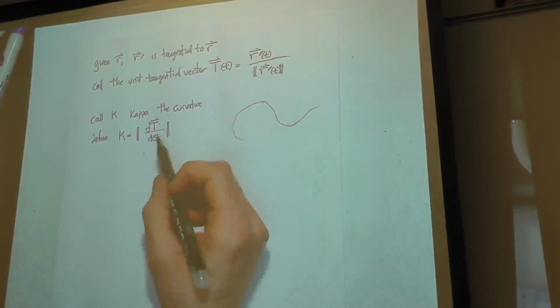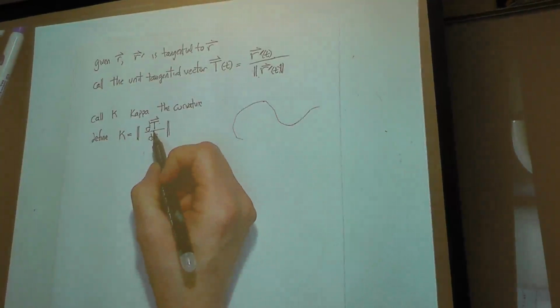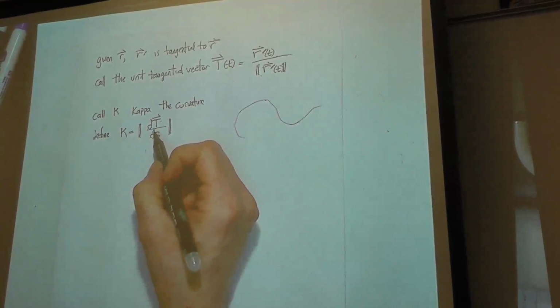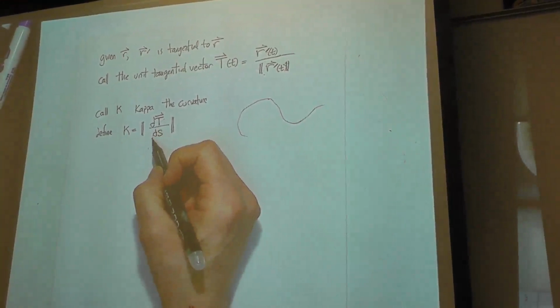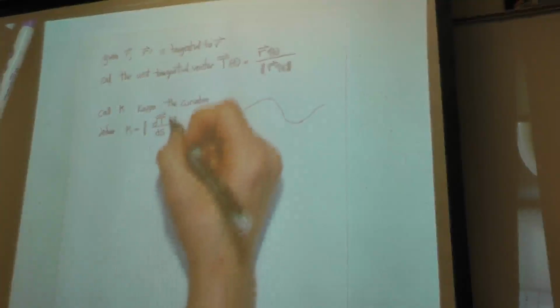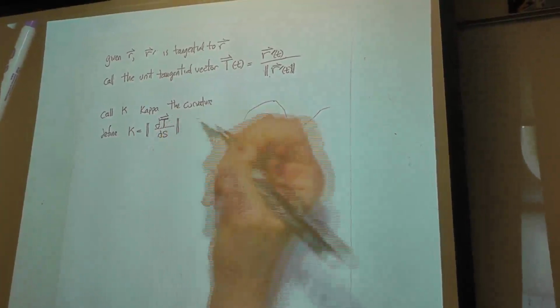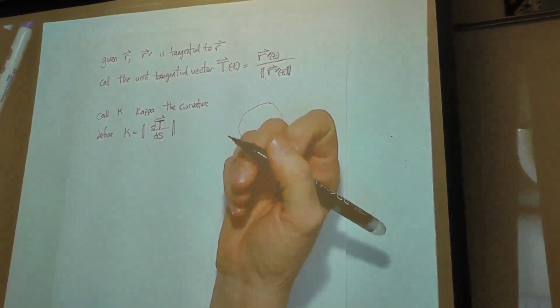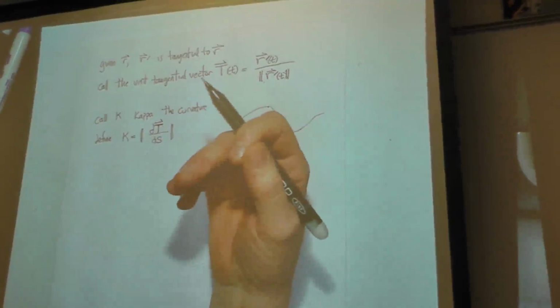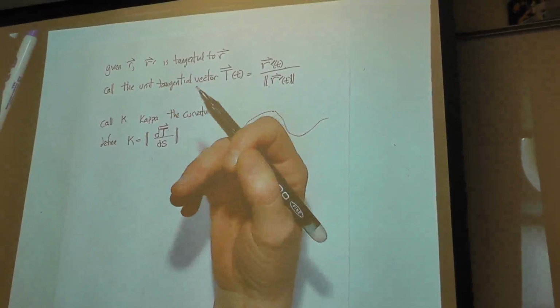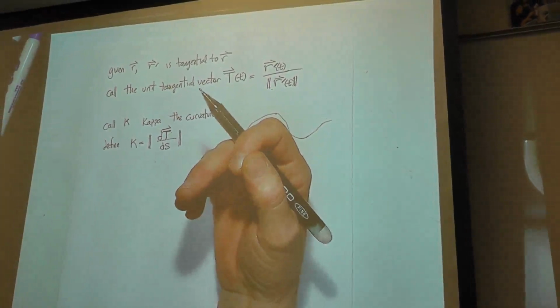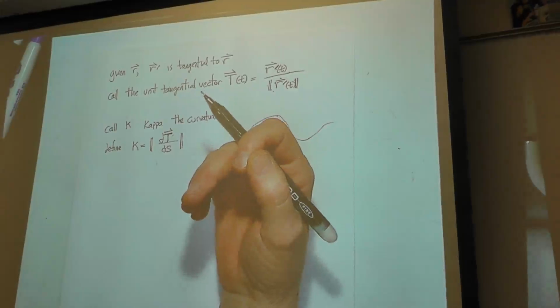And then take this derivative. It's going to give you back a vector, take its magnitude. But because these vectors are all unit vectors, when you differentiate, all you're focusing on is changing direction. You guys see?